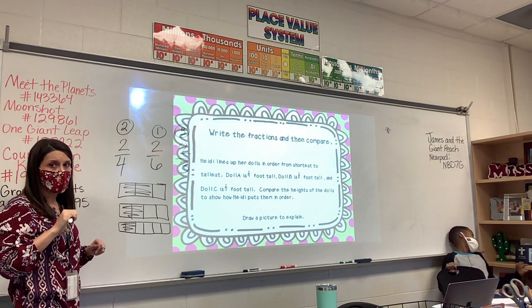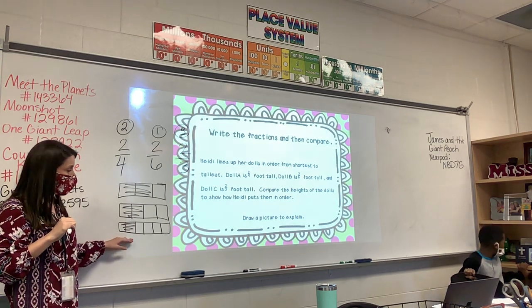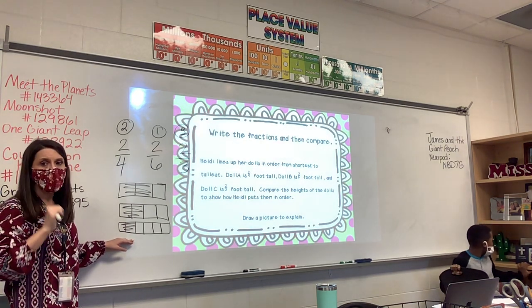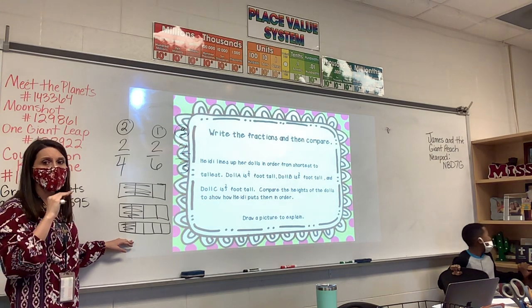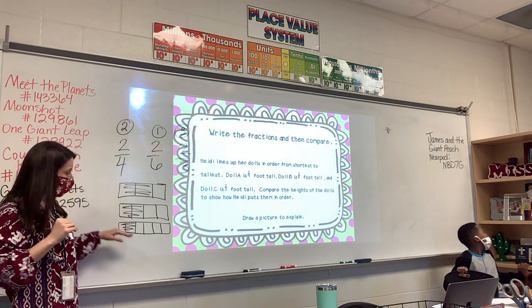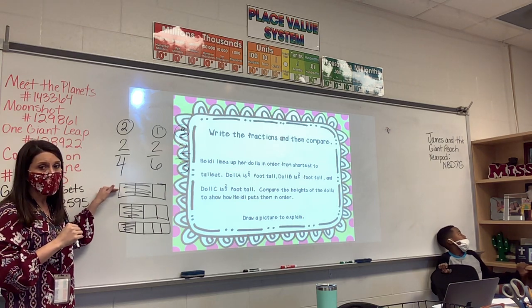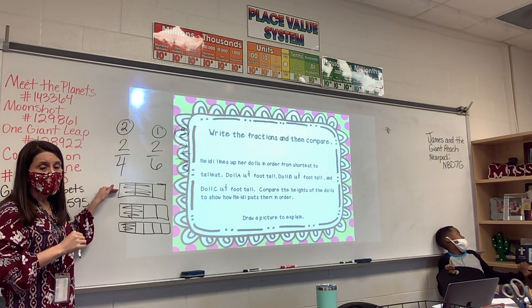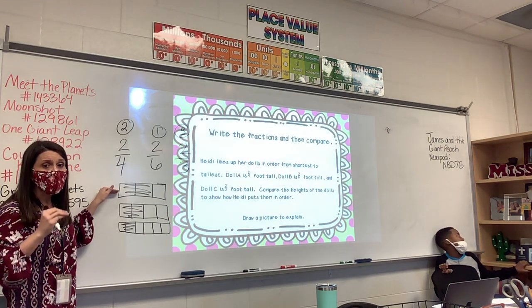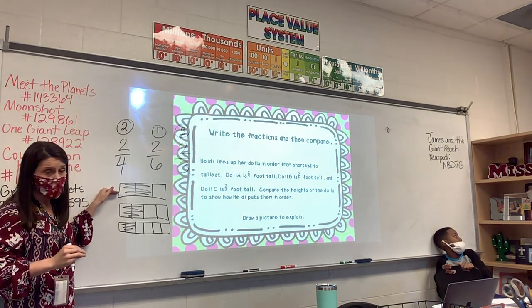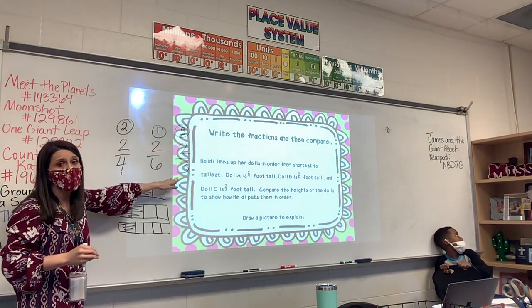But 2/6 is bigger? It's not bigger. What's the rule for numerators? If the numerator's the same, look at the denominator. Here's 2/6. Here's 2/4. Here's 2/3. The bigger the denominator, the smaller the fraction. 6 is bigger than 4 and bigger than 3.